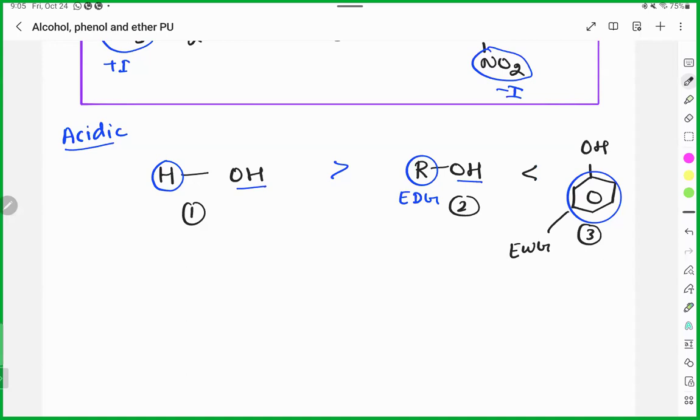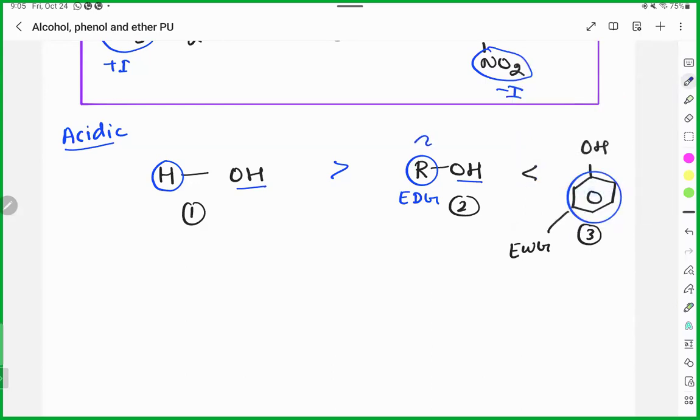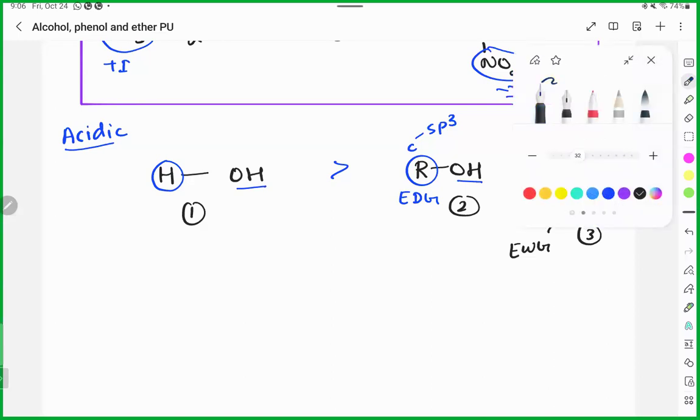Because in alcohol you have R, meaning R has carbon and the carbon will be sp3 hybridized. And here the carbon will be double bonded, sp2 hybridized. Tell me, if you have sp3 and sp2, which one is more acidic? Sp2, withdrawing. So Chinmay, this is the basic rule.